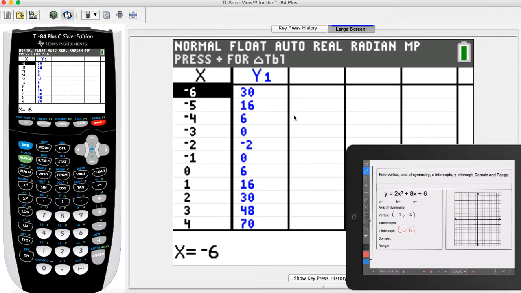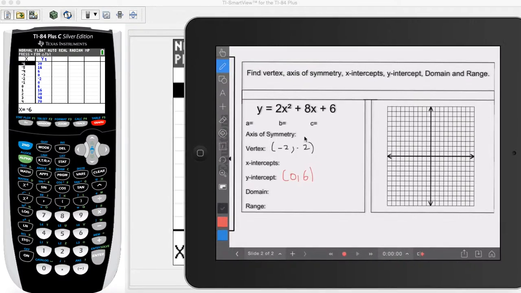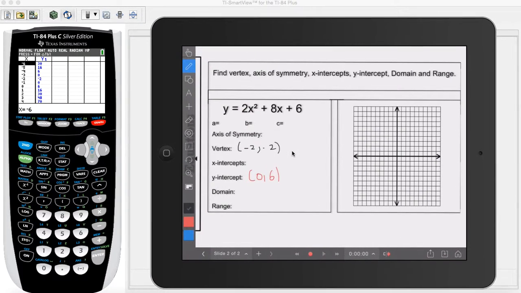So if the vertex has coordinates -2, -2, the axis of symmetry will be x equals -2. It's going to be a vertical line going through the vertex, cutting the parabola in half. Now, the x-intercepts we discussed are going to be the points having a y of 0. So in this case, -1 and -3 are my two x-intercepts.